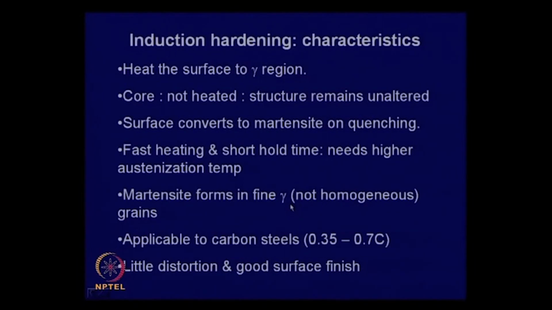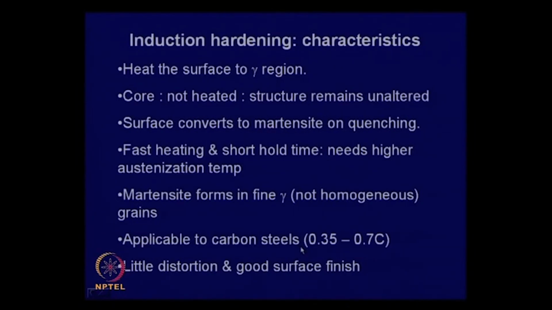There may be some amount of undissolved carbides, and because of all these combined, it may often have higher than expected hardness, higher than you would normally get in a steel having the same carbon content. And this treatment can be given to plain carbon steels also.